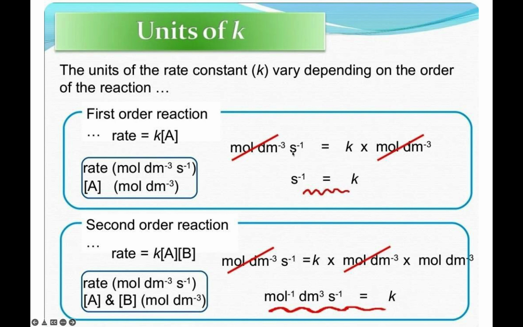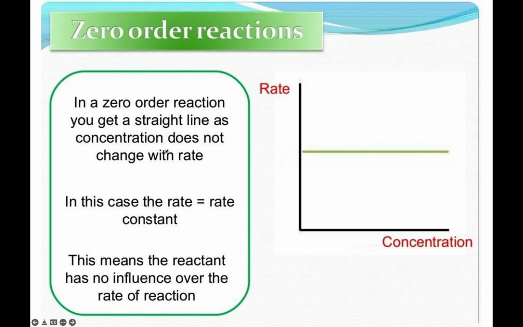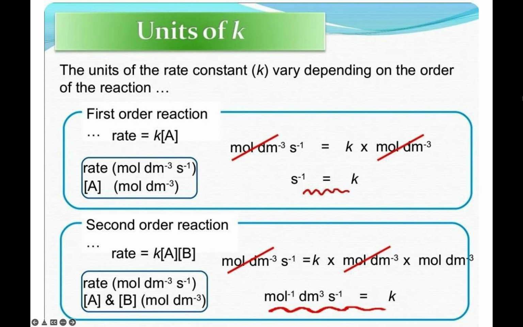So when you equate both, mole dm raised to minus 3 S raised to minus 1 is equal to K, the rate constant, into A, mole dm raised to minus 3. You cancel out these two, you get K is equal to S raised to minus 1. So for a first order reaction, K is equal to S raised to minus 1.